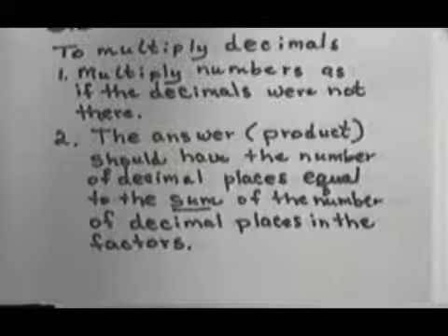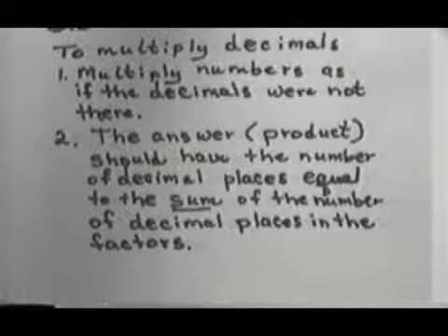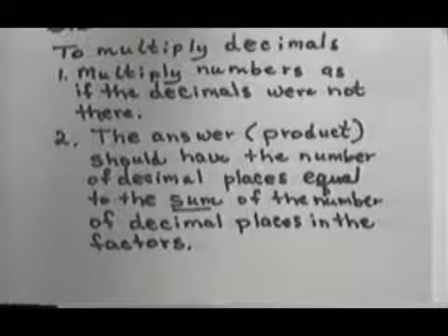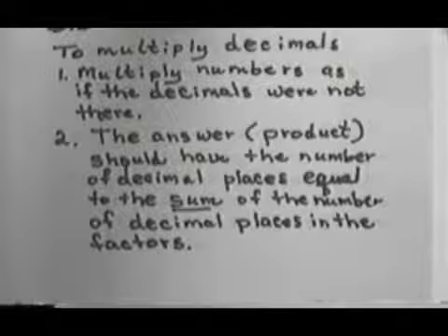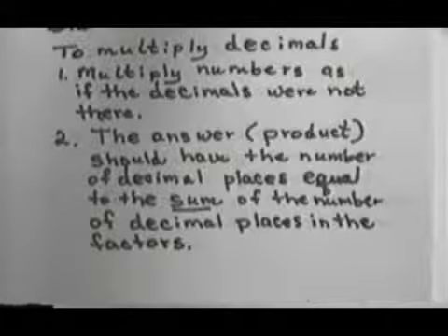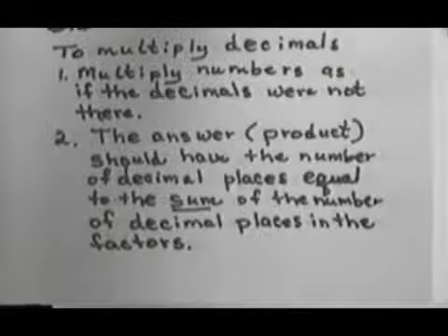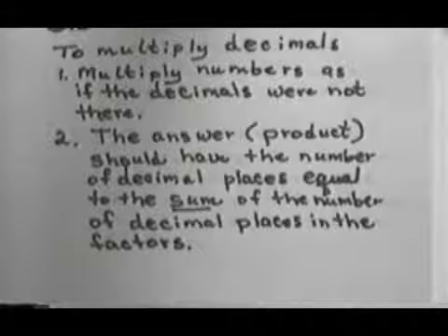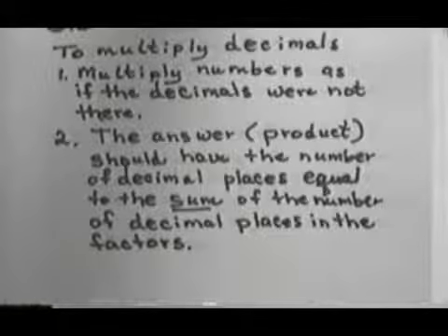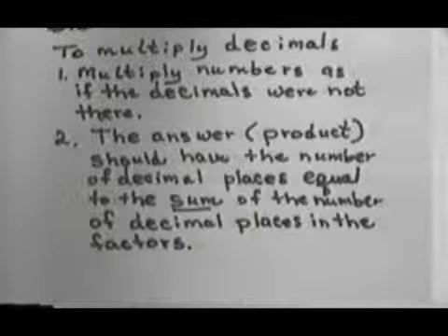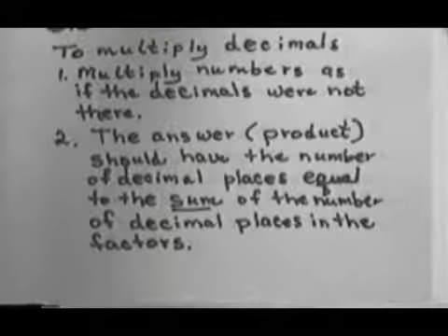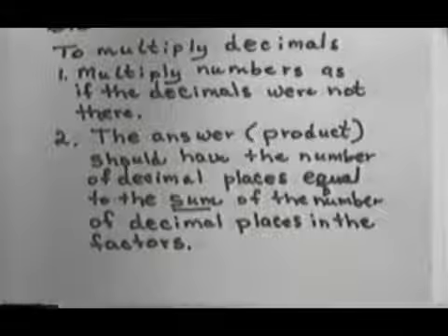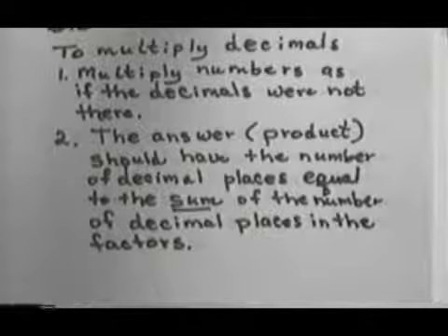Let's see how the rule for multiplying decimals would look if we tried to write this down. The first thing you do is multiply your numbers as if the decimals were not even there. If you have a long problem, you write your numbers down under each other and imagine the decimals are not even there. Multiply it out just like the decimals aren't there and get your answer.